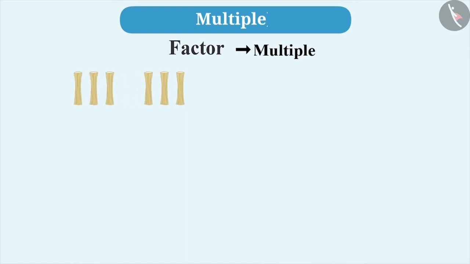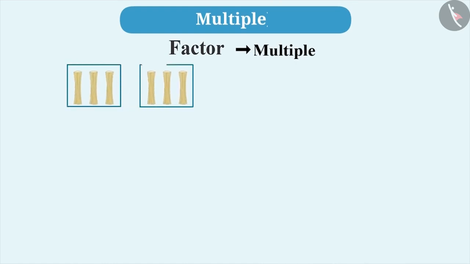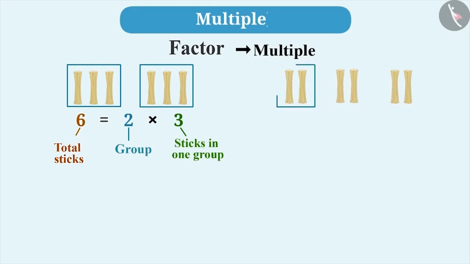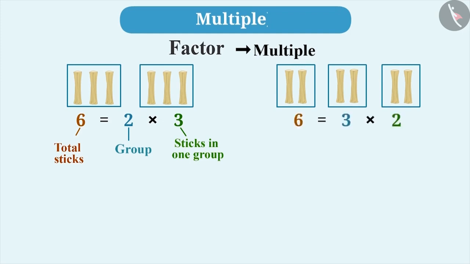We express factors as multiples. Suppose 6 sticks are divided into 2 groups with 3 sticks in each group, then we express it as 6 is equal to 2 multiplied by 3. Similarly, if 6 sticks are divided into 3 groups with 2 sticks in each group, then it is expressed as 6 is equal to 3 multiplied by 2.